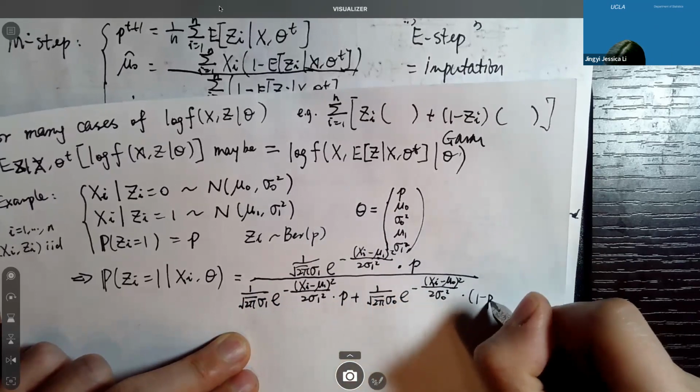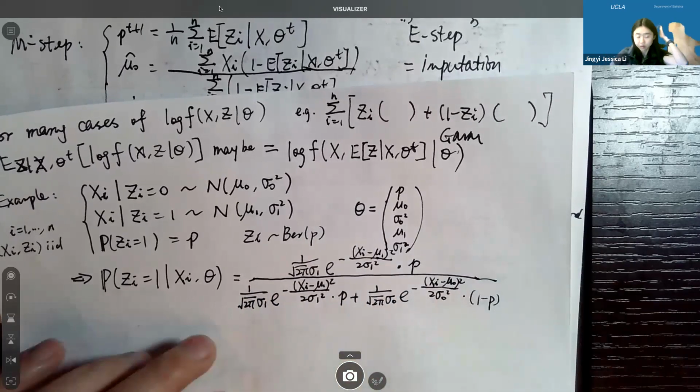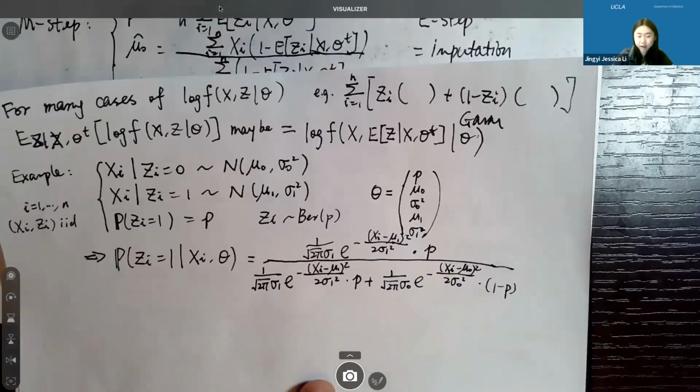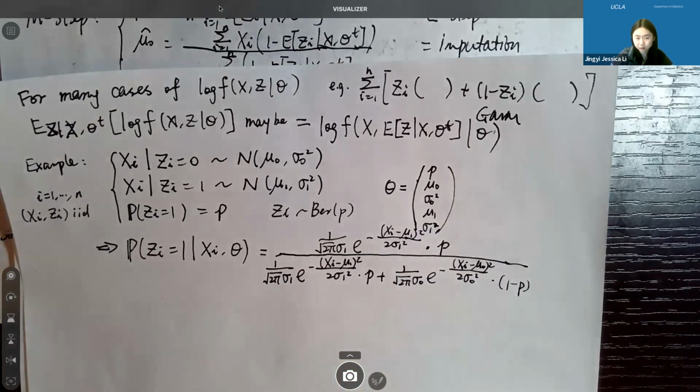Times the chance that Zi equals 0, 1 minus P. So this is the formula we are going to calculate for this conditional probability of Zi equals 1 given Xi and theta.